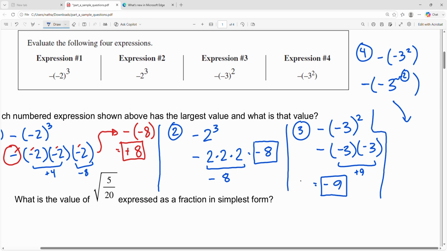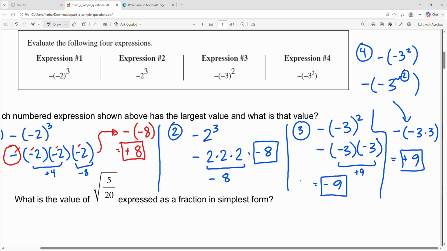This is all here. So I've got my negative sign, got my parentheses. I have my other negative. I leave that there. It's not part of this. And we're simply going to multiply 3 times 3, because the square doesn't apply to the sign. So 3 times 3 is 9. And how many negatives? I have 1 times 2. I have a negative times a negative, so I should get a positive. So my answer here is positive 9.